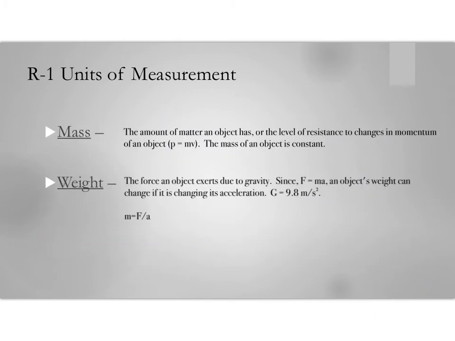So now we're at the concept of mass and weight. Mass is the amount of matter an object has, or it could be defined as the level of resistance to changes in momentum, where momentum is given by the equation p equals mv, where p is the symbol for momentum, m is for mass, and v is for velocity.